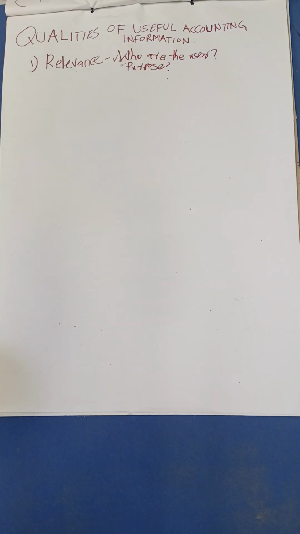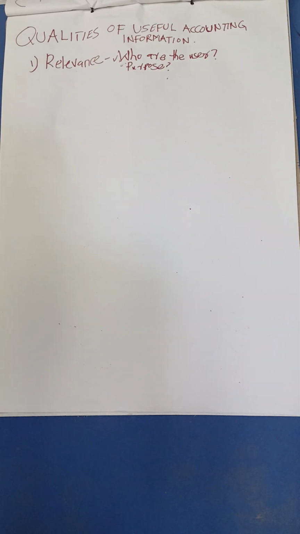Potential investors are those who want to invest in the business, while existing investors are those who want to know, we have invested in this business, how is it doing? After you have realized that, you make the information very relevant to them so that they can make a good decision with it. So your information must be relevant.